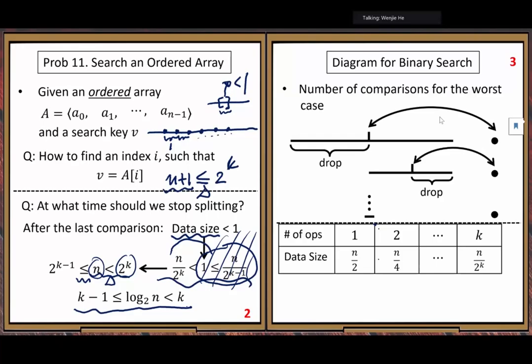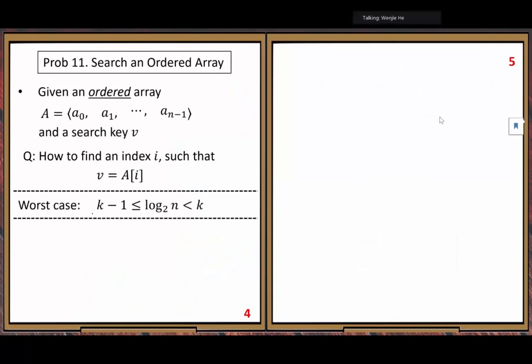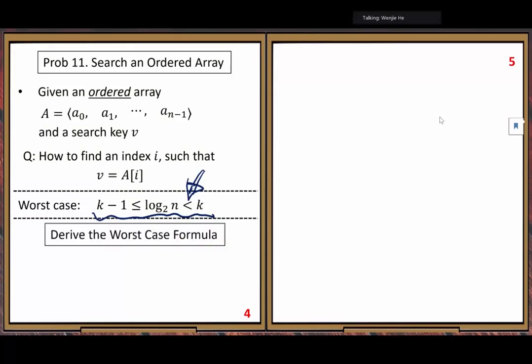Because we have a way to improve this part of the inequality, now we want to add the improvement part here, for the optimal solution. So we want to derive the worst case formula for the optimal solution.